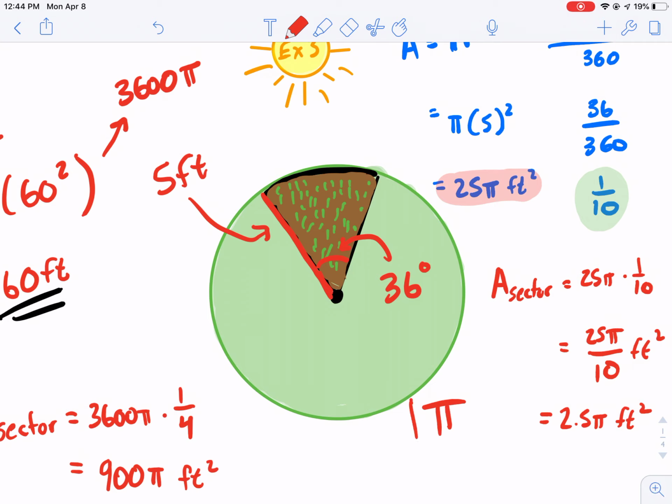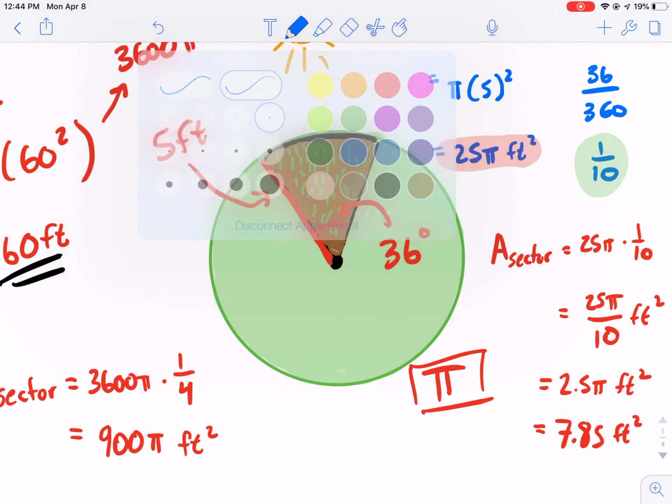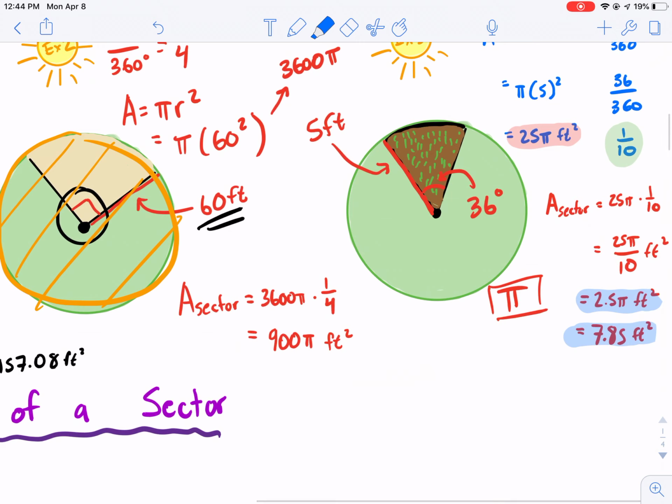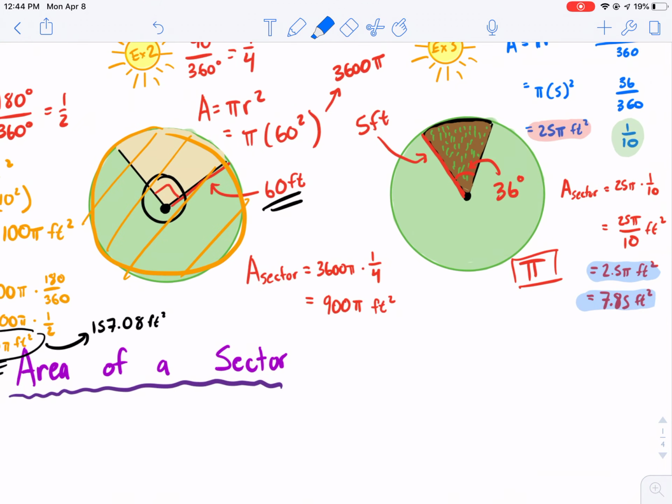You get 7.85 feet squared, but those are both good answers. If you're wondering whether you can use a calculator on the test, technically we don't need one because we just showed you how to do it without.